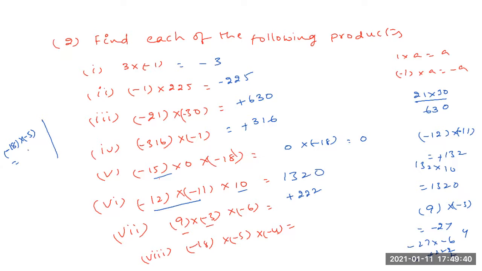So 18 fives are 90, but two negative numbers multiplication is always positive. Then 90 into minus 4. 4 nines are 36. 90 into minus 4 is minus 360. So minus 360 is the answer.